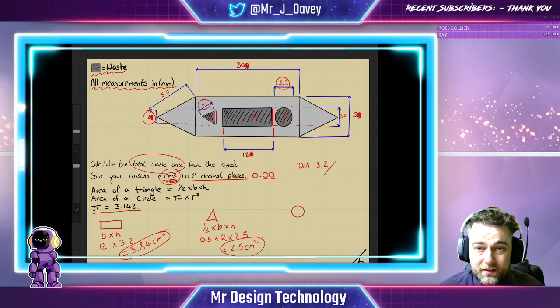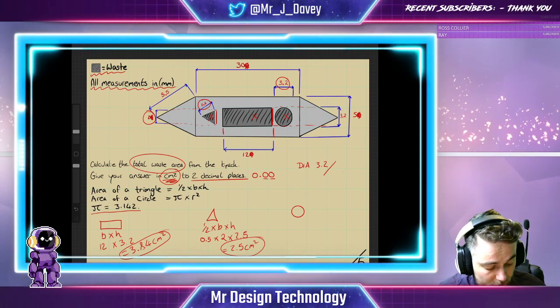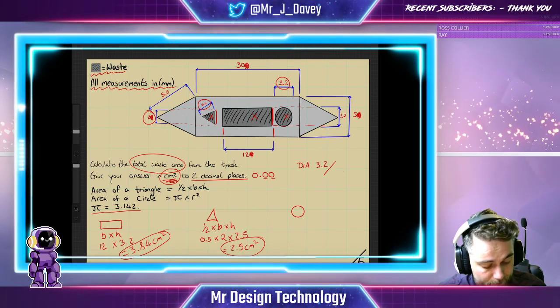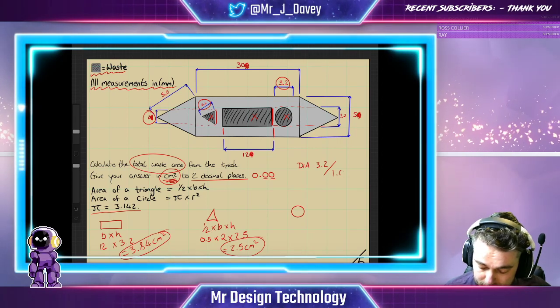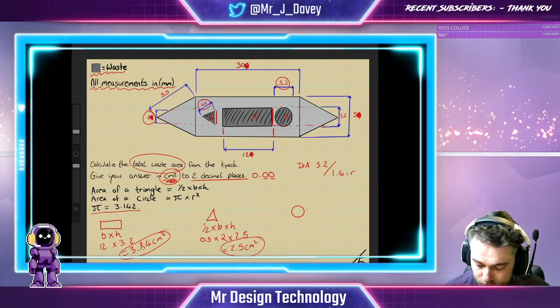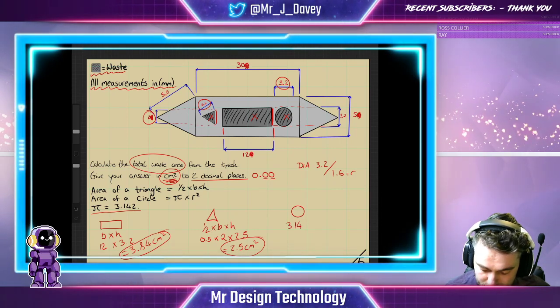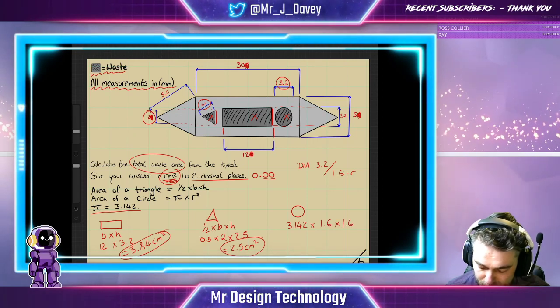I need to divide that because I want the radius, which is halfway between. So 3.2 divided by 2 is 1.6, and we need 3.142 times 1.6 times 1.6.